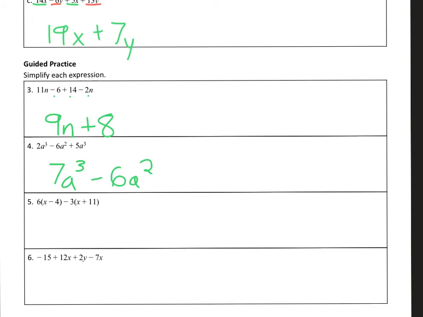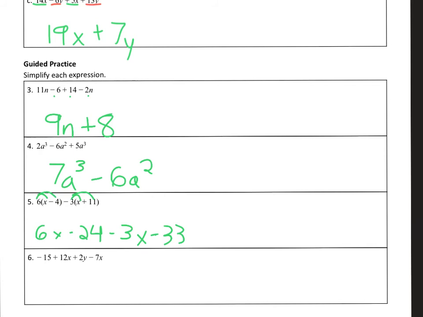Number 5, just like the example up top, distribute. If I distribute 6 through, 6x minus 24. Distribute negative 3 through, negative 3x minus 33. Okay? And then I look for my like terms.